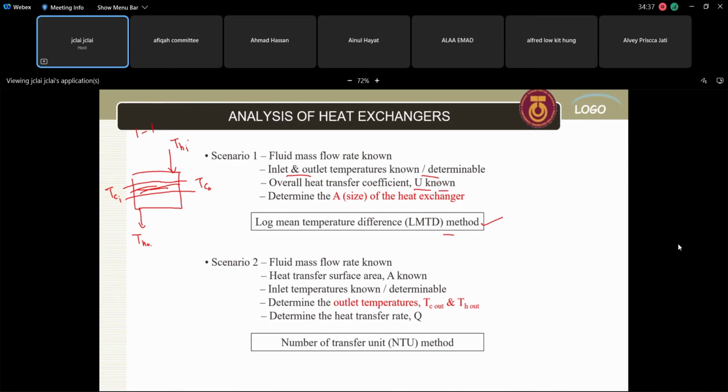But let's say if U is not given, but you are given the K value of the tube, you are given the H inside, H outside, then you know how to determine U, right?